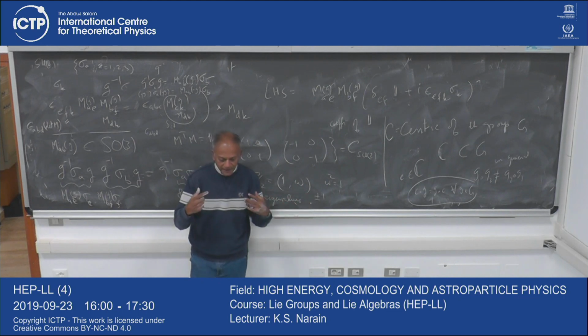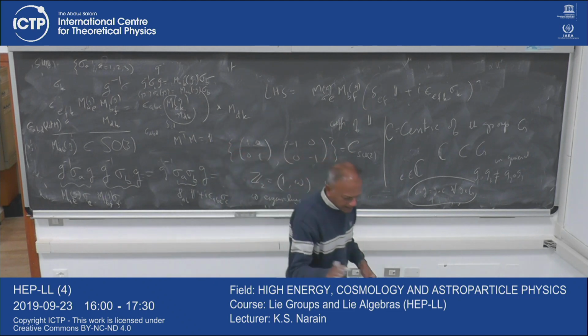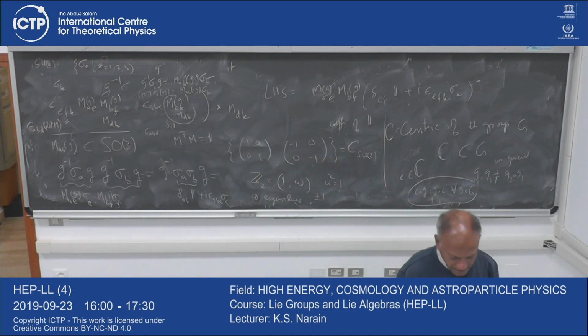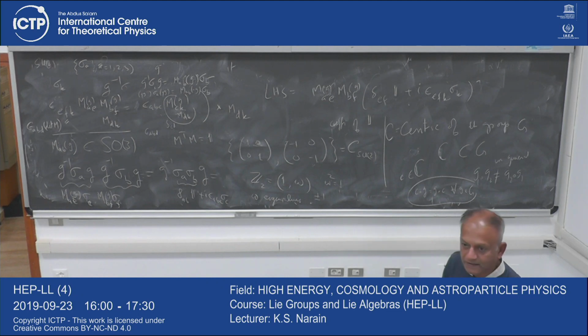So if you think in terms of SO3, you will see it more clearly next time, I hope. SO3 is the rotation group of 3 dimensions, right? You can also put fermions in 3 dimensions.